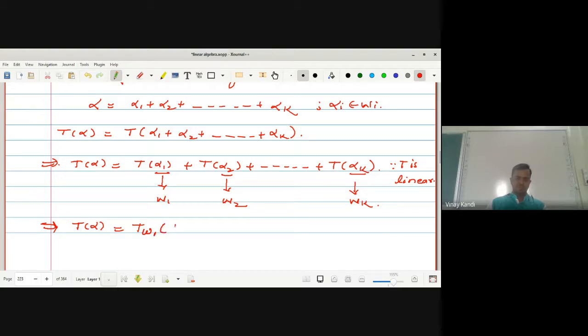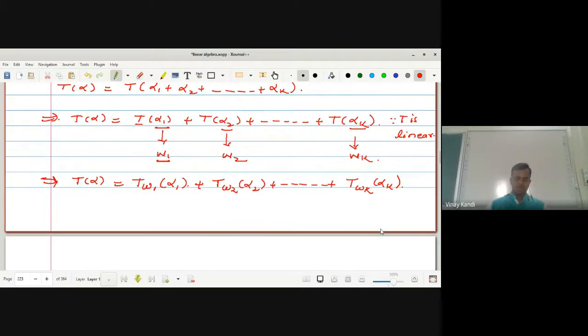Okay, of alpha 1. T is applied on W1, so T W1 is applied. Okay. Plus this is T W2 of alpha 2 plus up to so on. This is T Wk of alpha k. Is it correct? Any doubt?